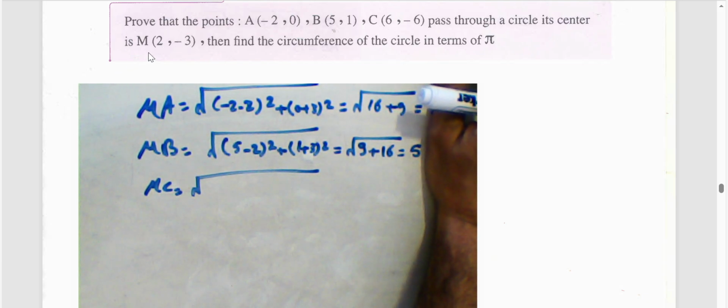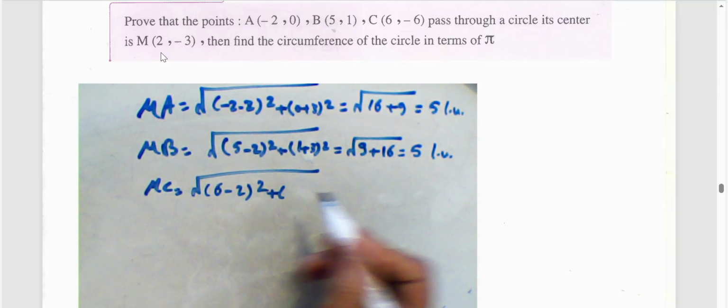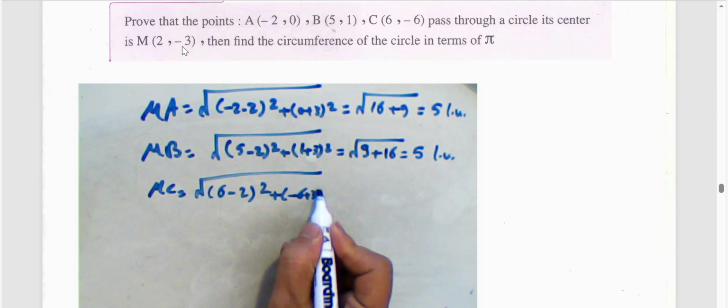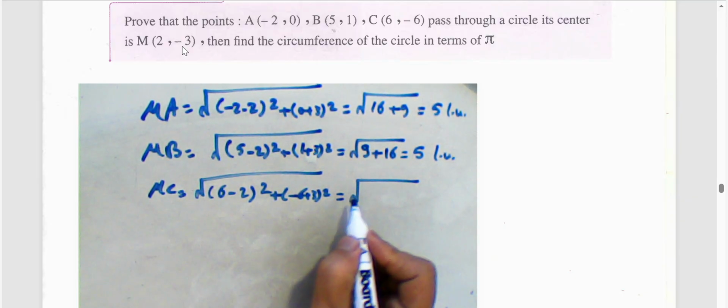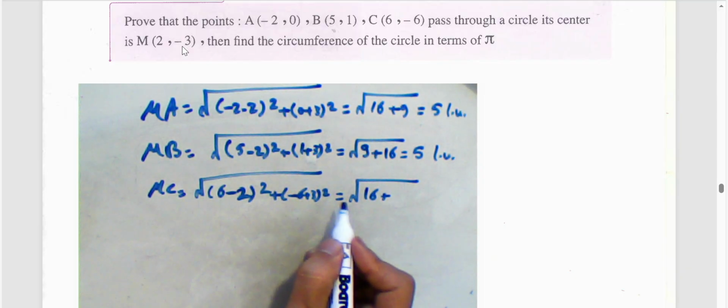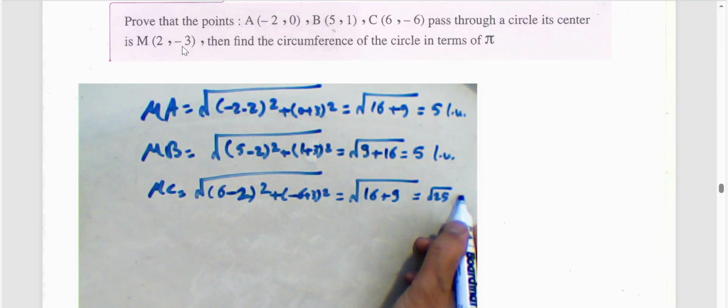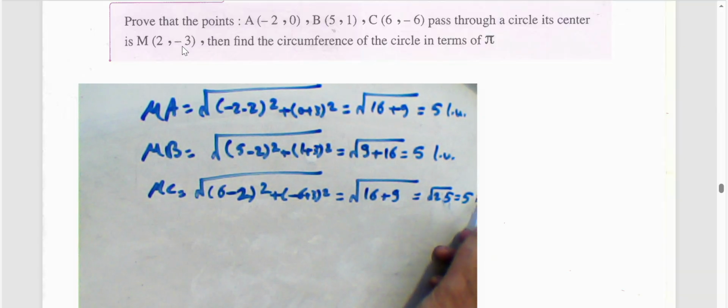MC here: 6 minus 2 all power 2, plus negative 6 minus 3, negative 6 plus 3 all power 2. 6 minus 2 is 4, 4 power 2 equals 16, negative 6 plus 3 equals negative 3, power 2 is 9. The result will be square root of 25 equals 5 length units.